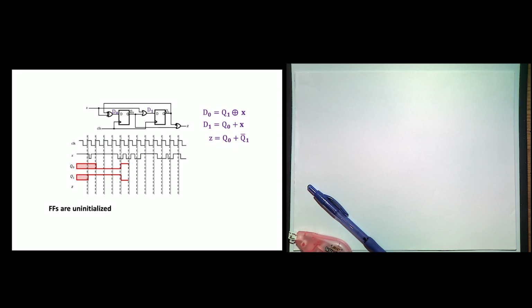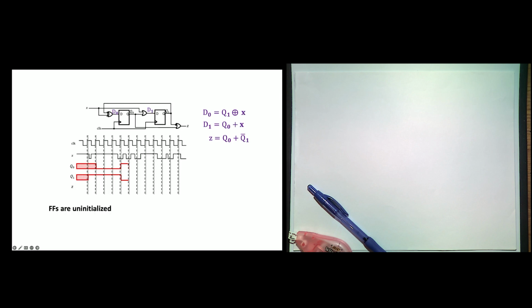All right, so how many of you are following this? Uh-oh. All right, so we're using these equations, right? These are the inputs to the D flip-flops, and to figure out what Q0 will be after the clock edge, I need to know what D0 is right now. And D0 is Q1, which is 0, XORed with X, which is 0.